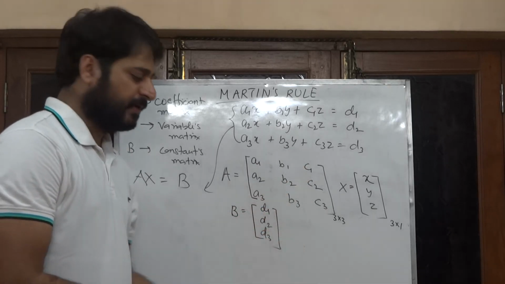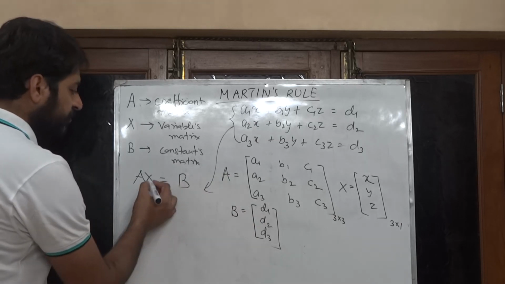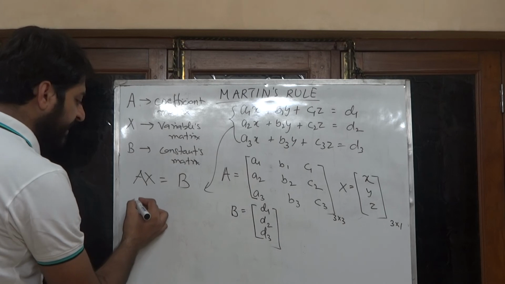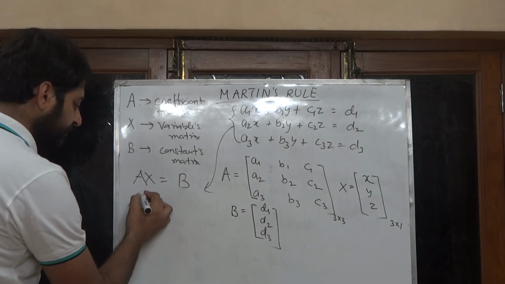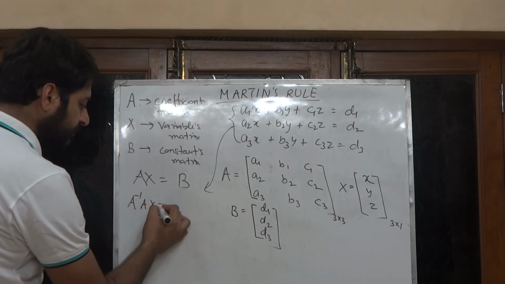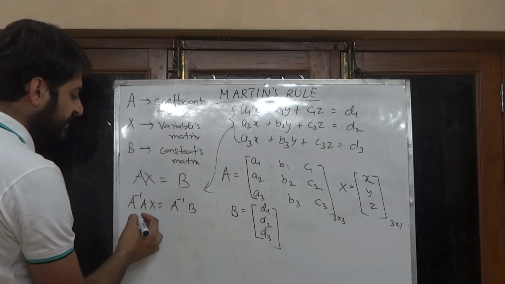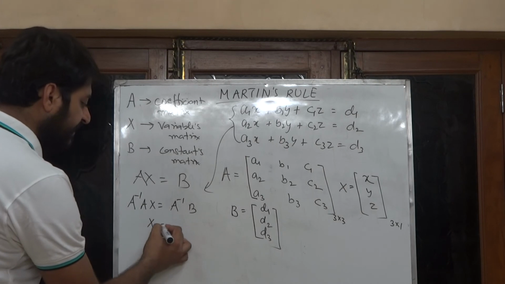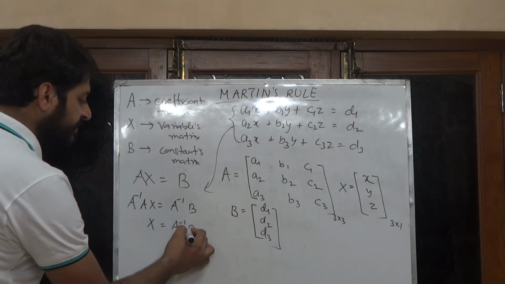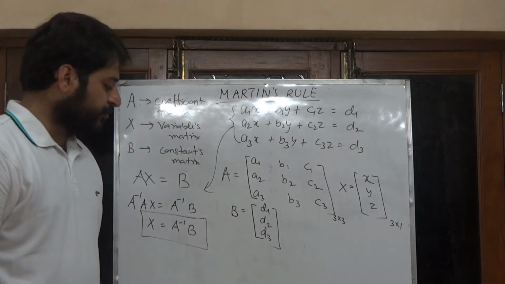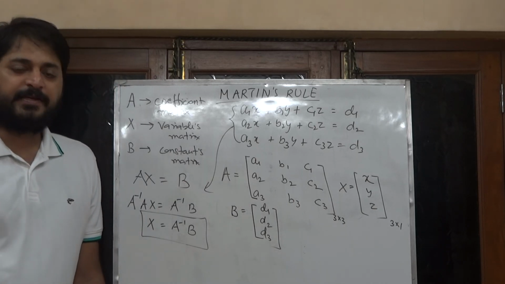I think it's quite obvious. So now how to find the solution? I am multiplying both sides by A inverse. As I know A into A inverse is I, so X equals A inverse B.